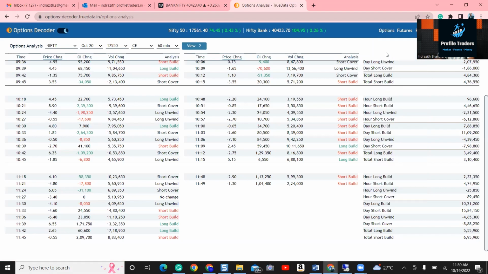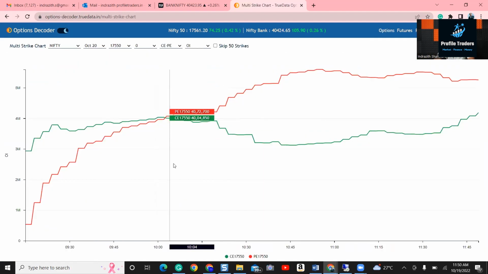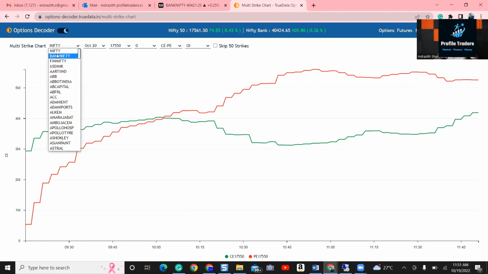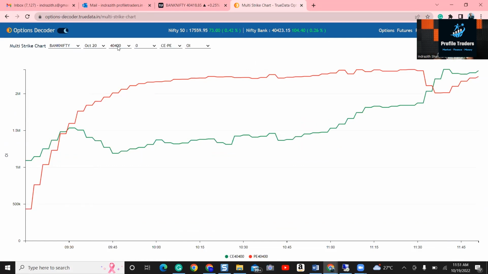Now options analysis. I already explained PCR difference. Multi-strike chart. So you can add different strike prices to see what's happening. For example, this is at the money, ATM. I will go to Bank Nifty so that you can clearly understand. You can see here Bank Nifty is trading around 40,420. So 40,400 is the ATM strike price.